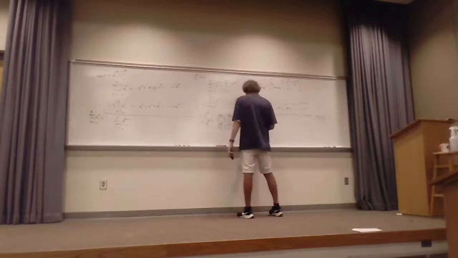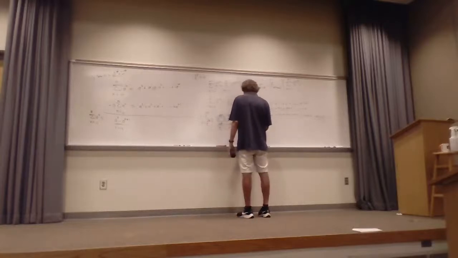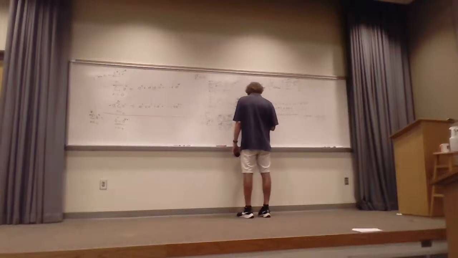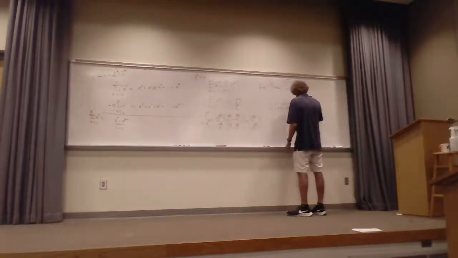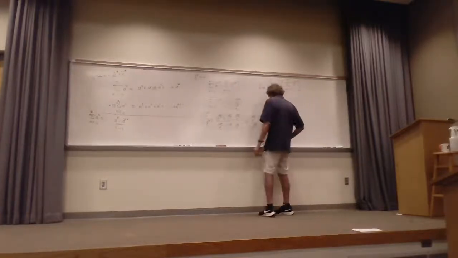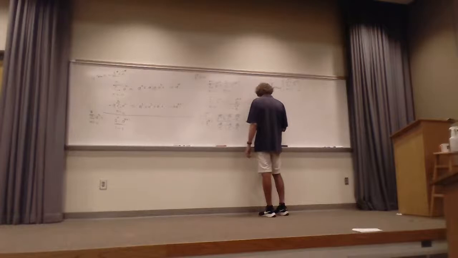So the bottom line on this is this will be e to the j N psi over 2 over e to the j psi over 2, and then it will be times, just write this down, the sine of N psi over 2 over the sine of psi over 2.